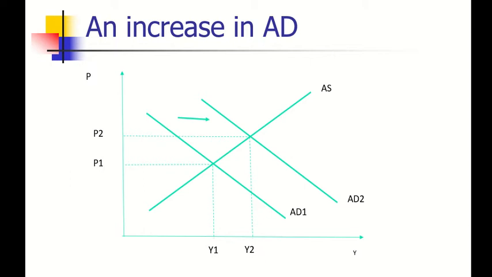And then when we have an increase in aggregate demand, we have a rightward shift. So we have a new aggregate demand curve now at AD2. You can see that we now have a new equilibrium, P2, Y2. So what happens here is that the price level goes up, and the equilibrium real output increases as a result of an increase in aggregate demand.